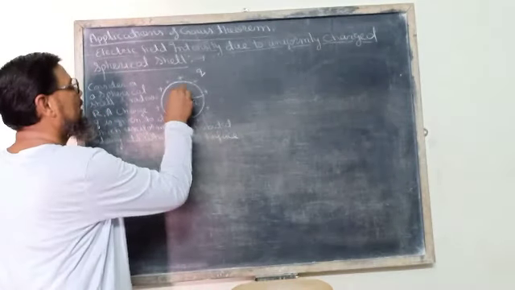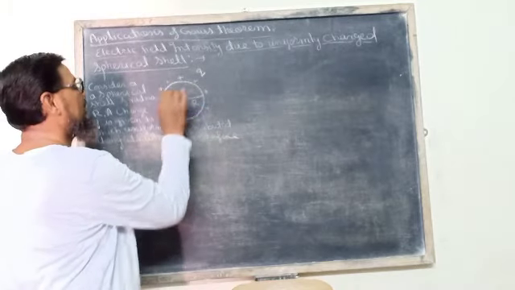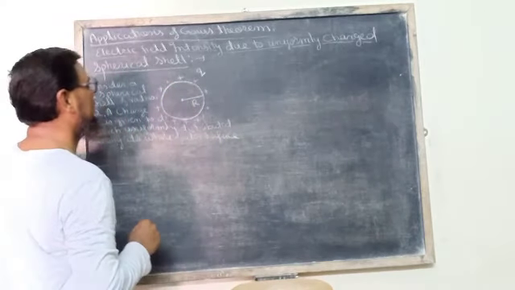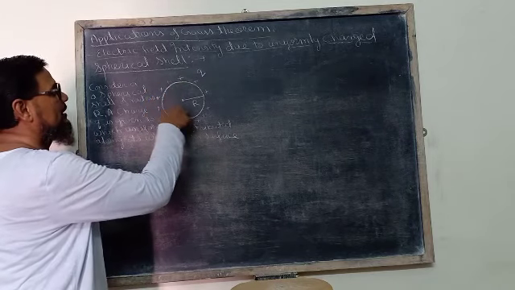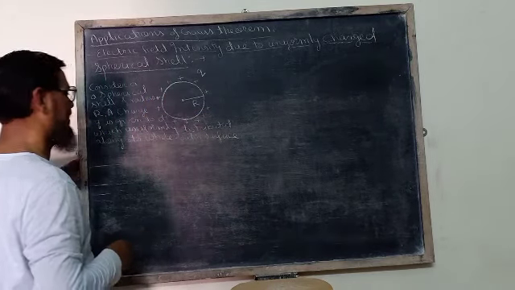Because it is hollow inside, no charge is distributed inside the shell, and all the charge is uniformly distributed along its whole outer surface area.